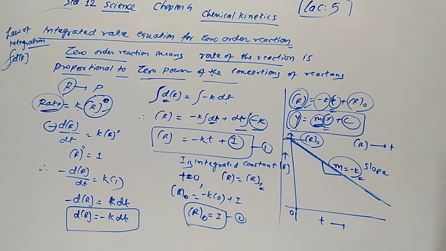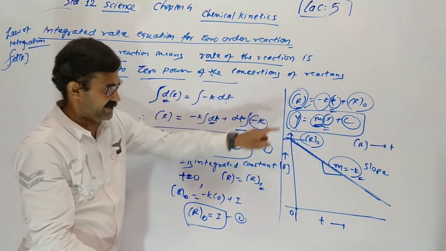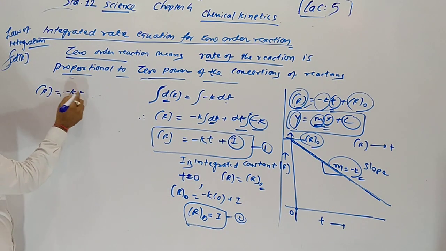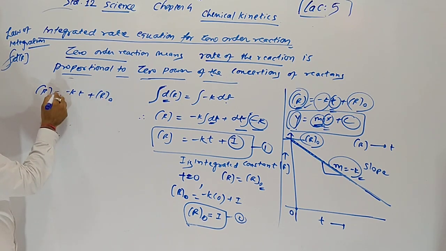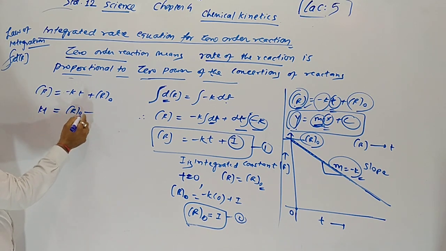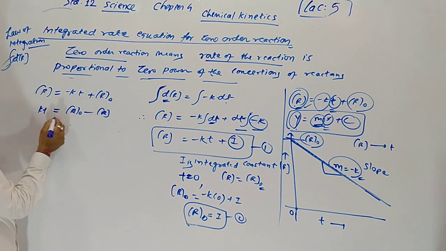Now the further simplified equation. We are simplifying this equation, R is equal to minus kt plus R0. Here kt comes to the other side, so negative becomes positive: k is equal to R0, the initial concentration, minus R, the final concentration at time t, divided by t.